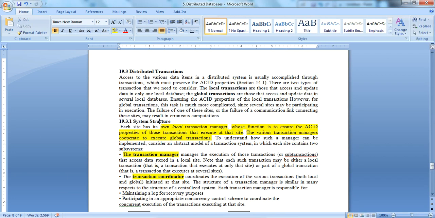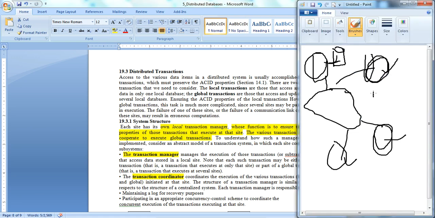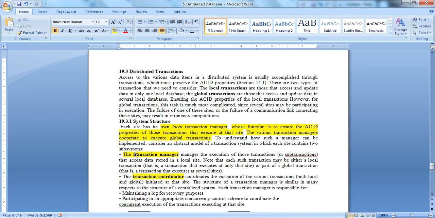Now the system structure, how exactly it manages these things. Each site has its own local transaction manager, whose function is to ensure the ACID properties of those transactions that execute at that site. The various transaction managers cooperate to execute the global transactions. There is a particular local transaction and the global transaction. The transaction manager manages the execution of those transactions that access the data stored in a local site.